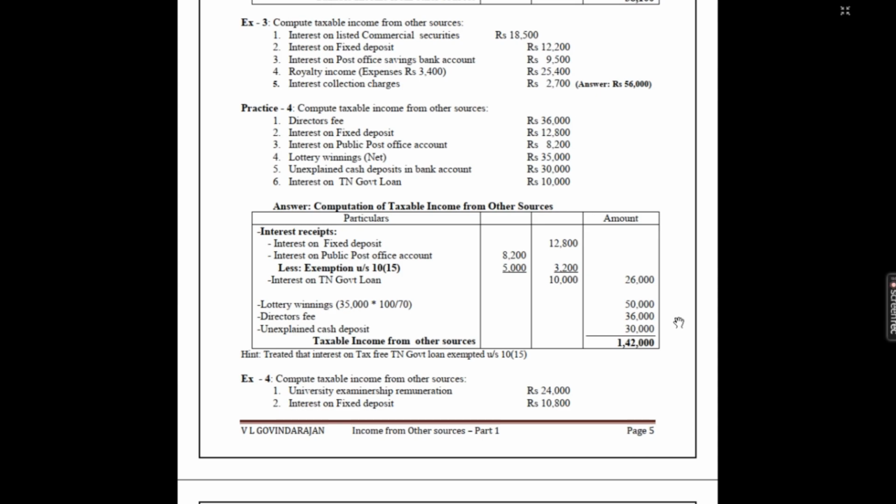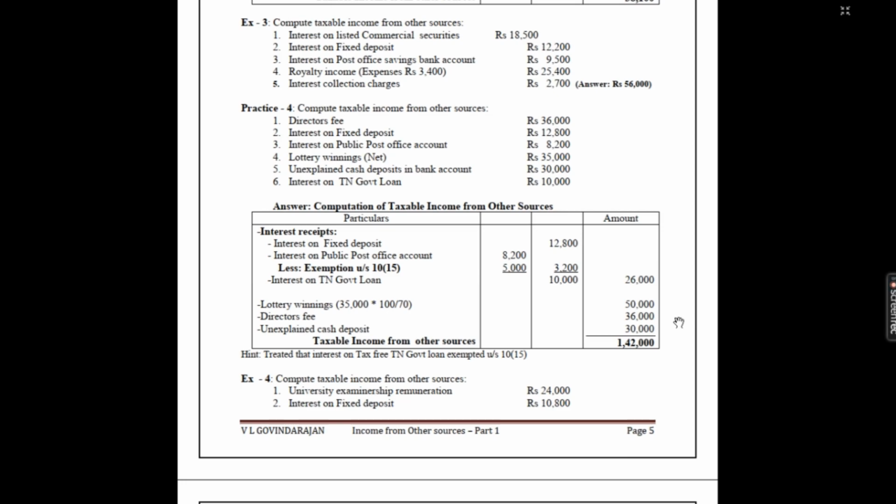Fully taxable. In this answer, let me see the first interest receipts. Interest on fixed deposit fully taxable 12,800. Interest on public post office account: out of 8,200 we can claim exemption up to 5,000. Next one is interest on TN government loan.